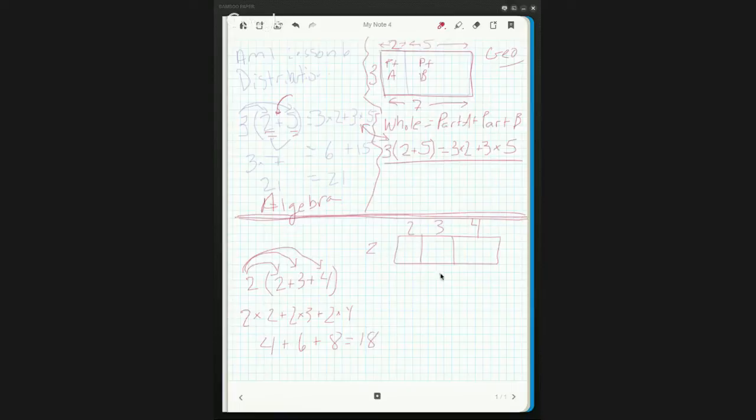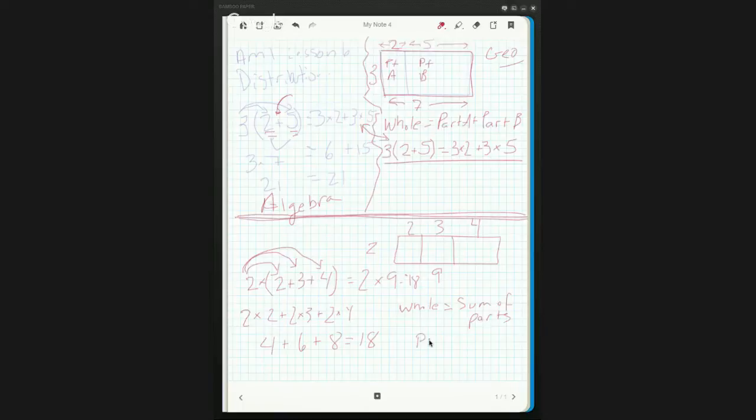Or we could have said it's 2 times 9, because 2 plus 3 plus 4 is 9. So it equals either one of these things, and 2 times 9 is 18. So again, the whole is equal to the sum of parts.